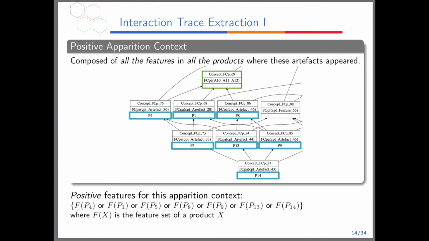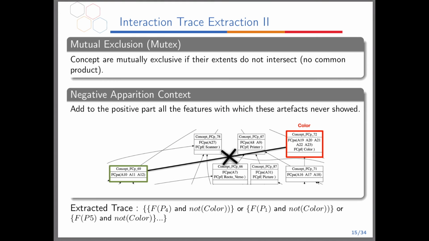So here, we see that these artifacts have appeared when the features of P4 are selected, or the features of P1, or the features of P5, etc. Then we look if there is any negative feature part of the apparition context. This corresponds to finding which features are never present in an apparition context for this group of artifacts.